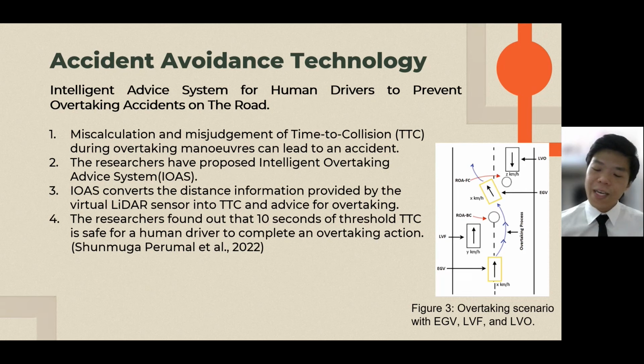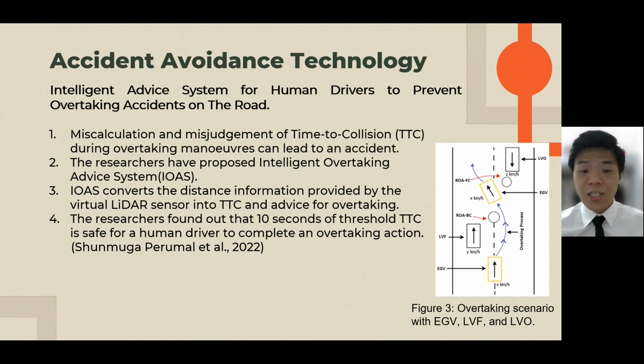So from figure 3, it is an overtaking scenario with EGV, which stands for ego vehicle, LVF, lead vehicle front, and LVO, lead vehicle opposite. So the virtual LiDAR sensors will provide the system the velocity of the opposite vehicle and front vehicle, and also the distance between them to calculate for TDC.